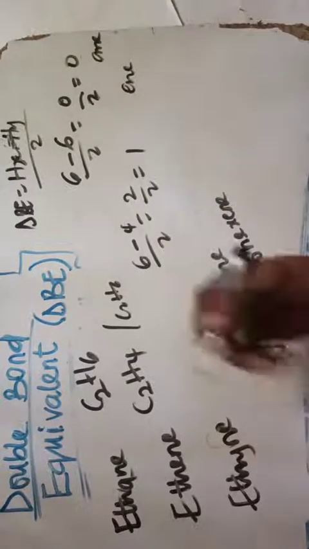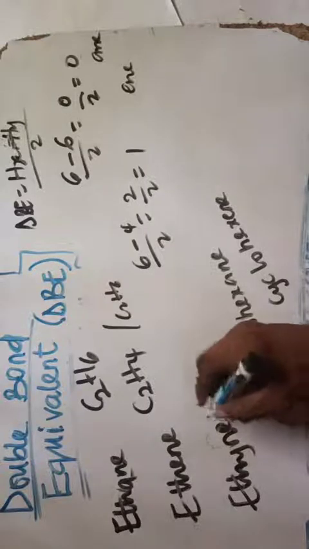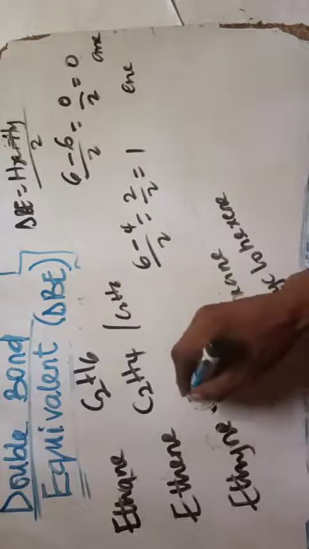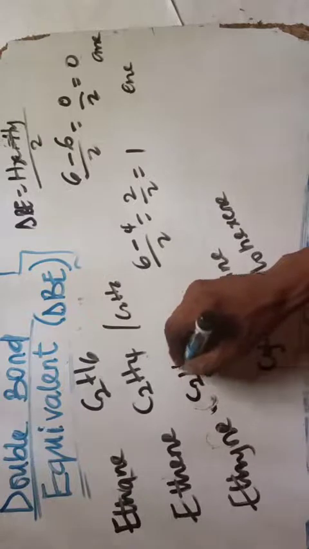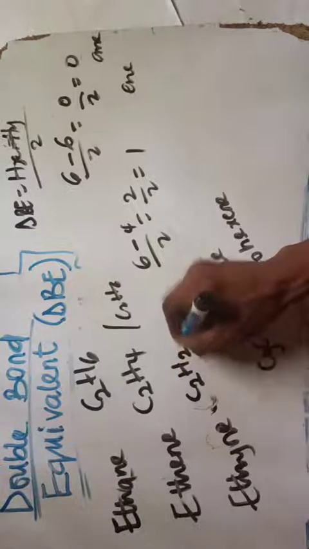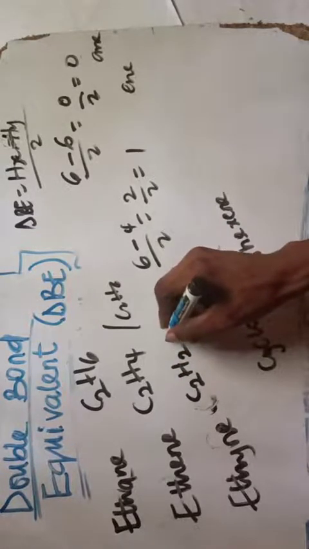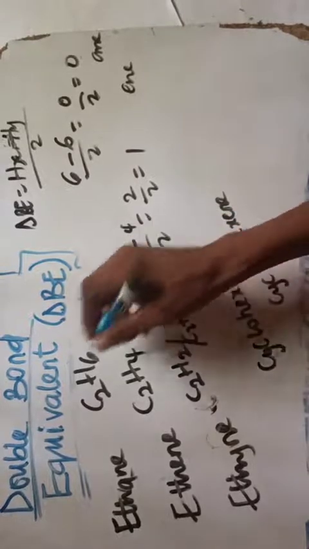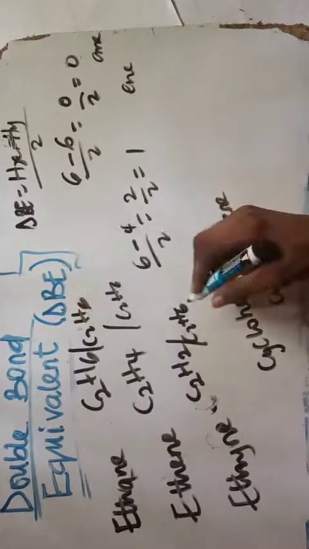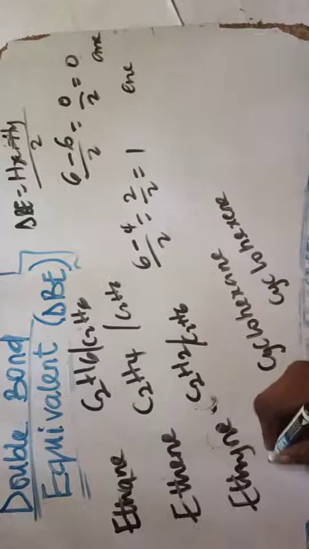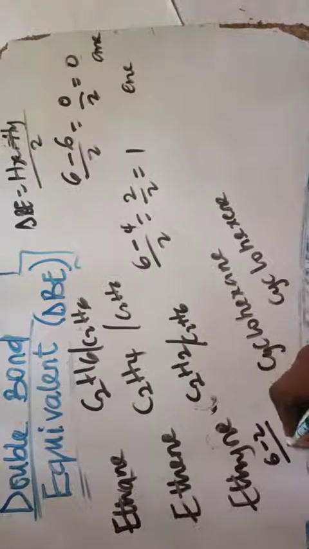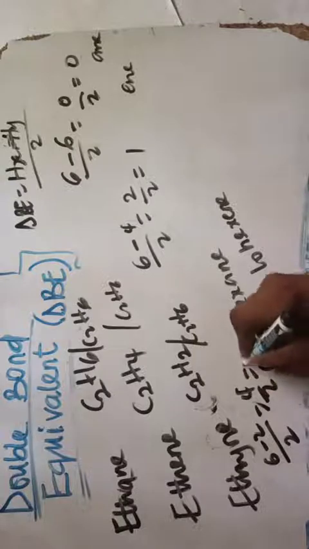Now in the yne family, what do you have? The particular ethyne is C2H2, and the original compound is C2H6. So that will be 6 minus 2 over 2, that will be 4 over 2, and that will be 2.